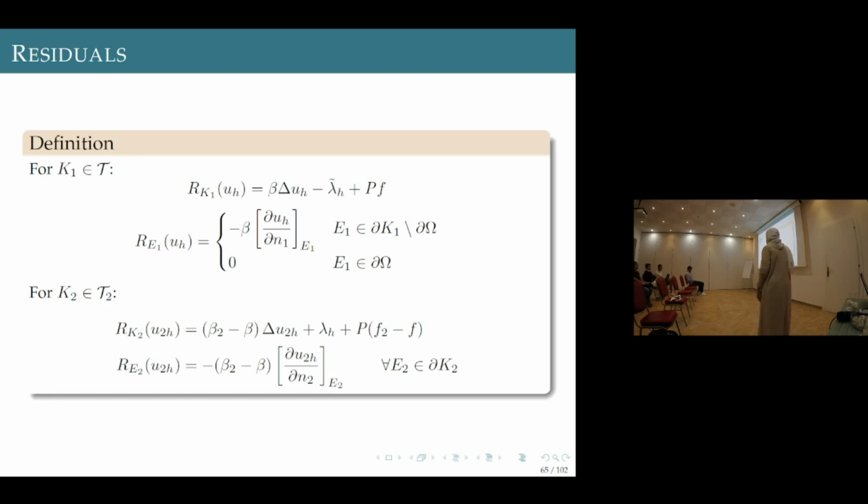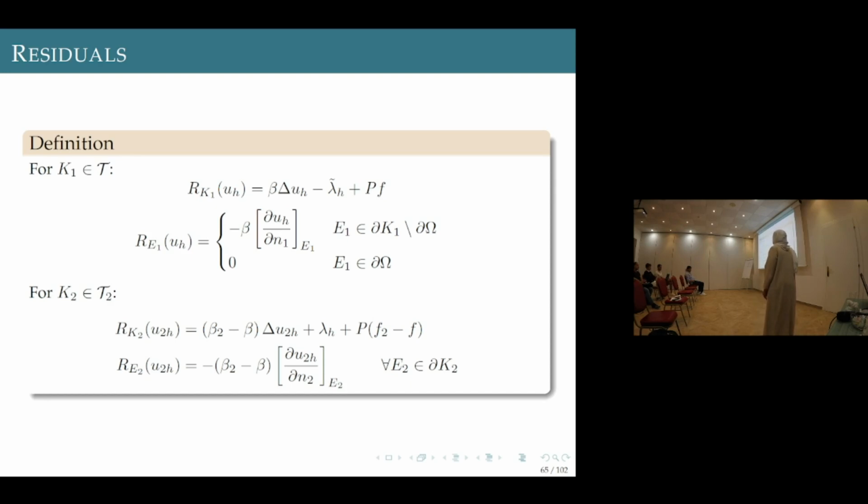For the first, the extended mesh, we define the residual inside the element to be the discrete solution of the strong formulation: beta gradient u_h minus the extended lambda plus the projection of f. The residual over the edges of this mesh is the jump of the normal derivatives if that edge is an interior edge, and 0 if it is on the boundary, because here we are using only Dirichlet boundary.